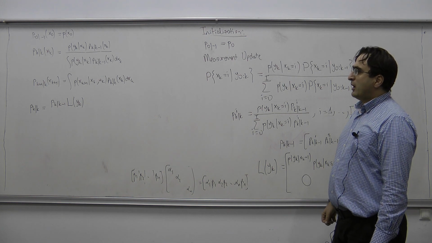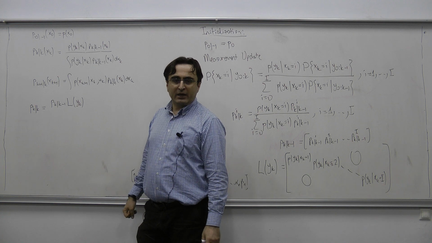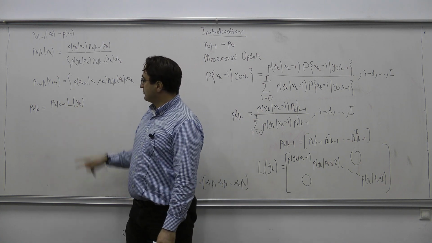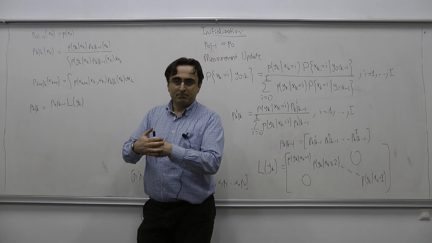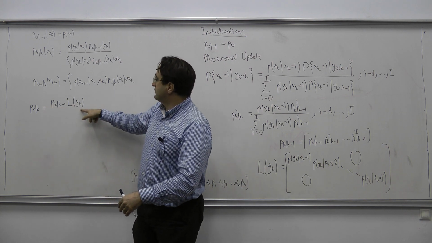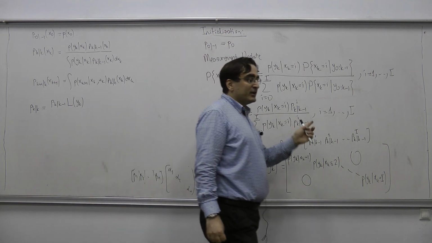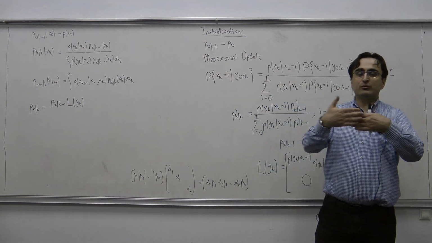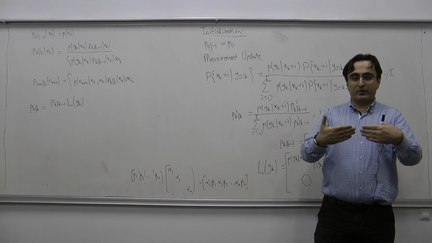Okay? So what do I have to do? I have to look at the elements of this multiplication. I need to sum all of them, and then I need to divide this vector with that sum. How can I sum the elements of a horizontal vector? It is just an inner product operation.